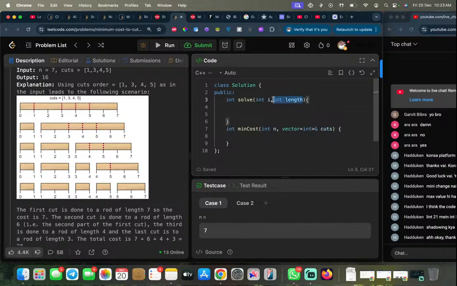I can do it with Iron Man. Make a cut at 1.